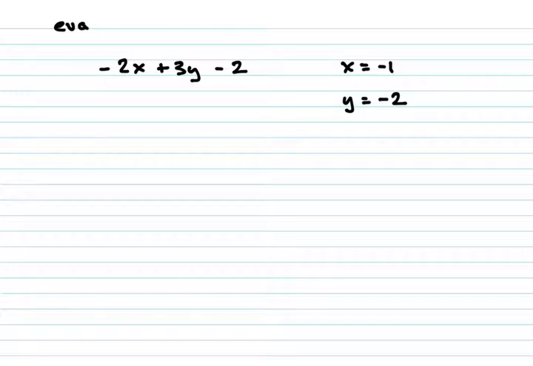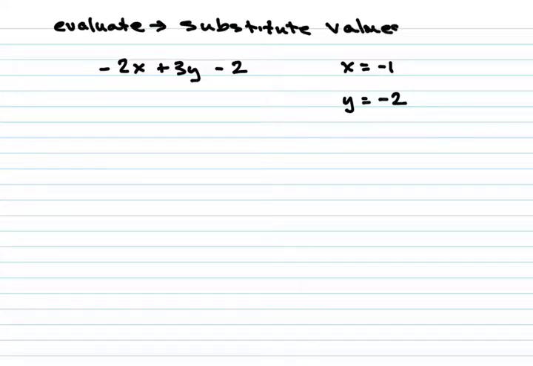Anytime you see the word evaluate, that means substitution. Substitute values. So, if you're going to evaluate something, you can't have any unknowns, in other words. Evaluate means find the value of.